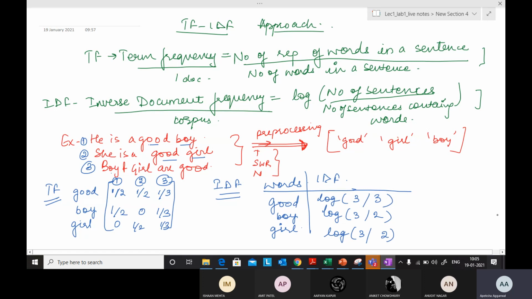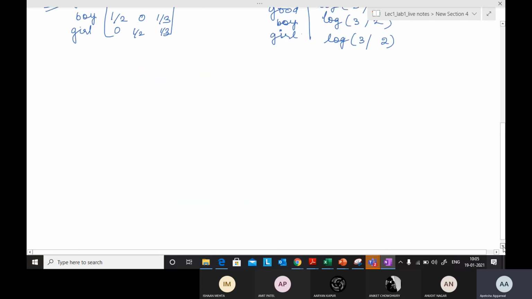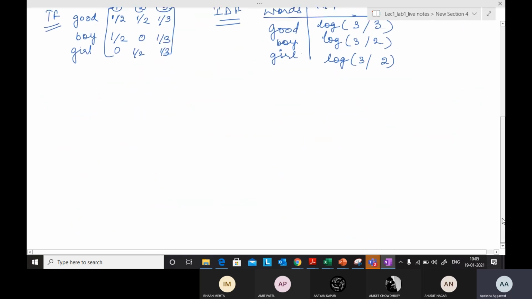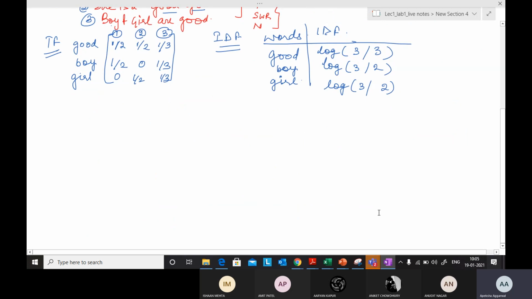Now the final step is we just want to calculate the final weights, or we just want to know what is the presence of a word in the whole corpus. So we will just calculate it.